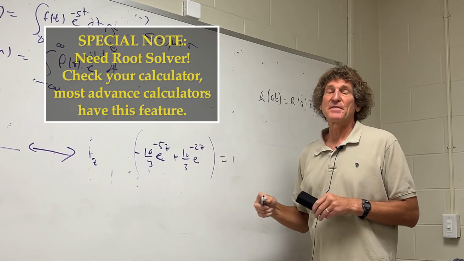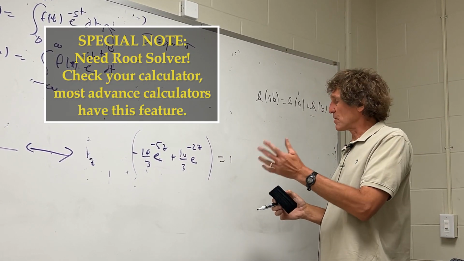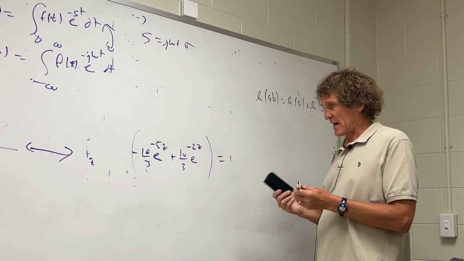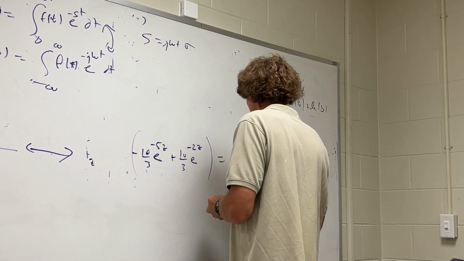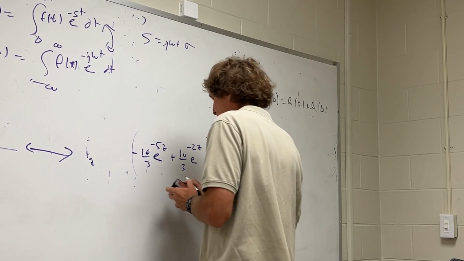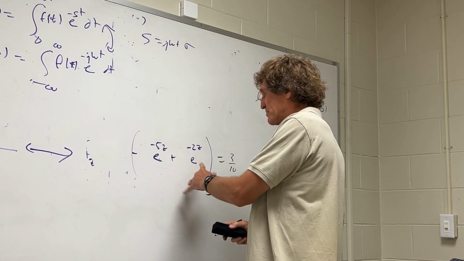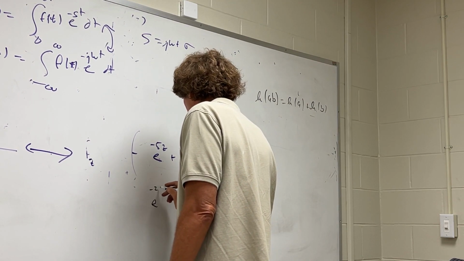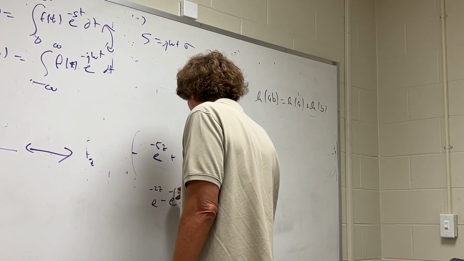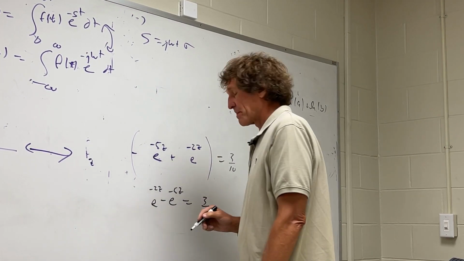I think you need a root solver for this one. You can multiply both sides by 10/3, so you get 3/10 over here. Now what you have is this push-pull relationship: e to the minus 2z minus e to the minus 5z equal to 3/10, right?